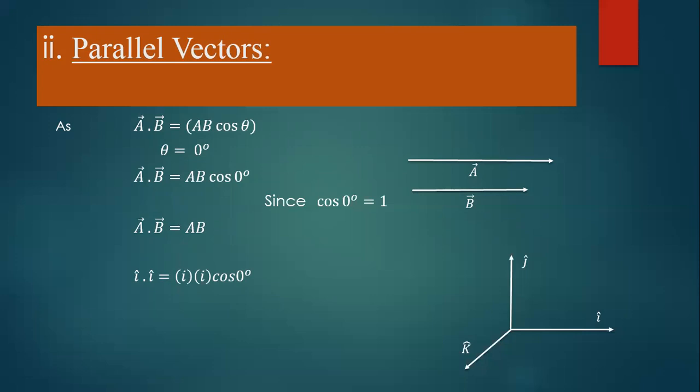We know that magnitude of unit vector is 1, and cos 0 is also equal to 1. So I dot I becomes equal to 1. So scalar product of two similar unit vectors is equal to 1. Similarly, J dot J and K dot K are also equal to 1.